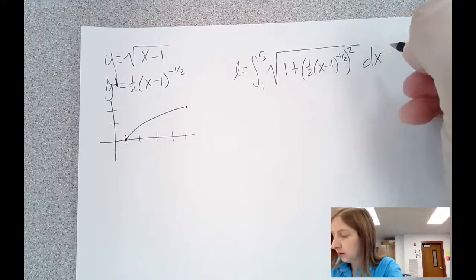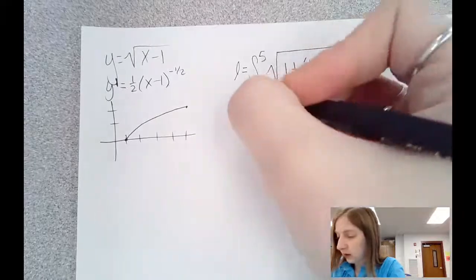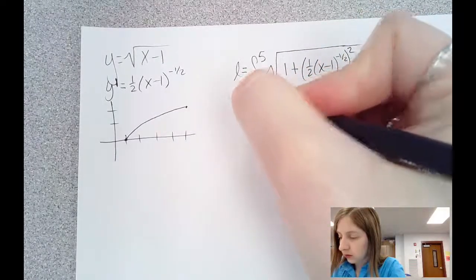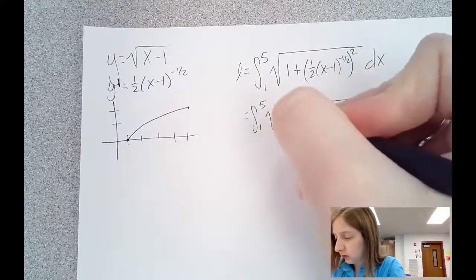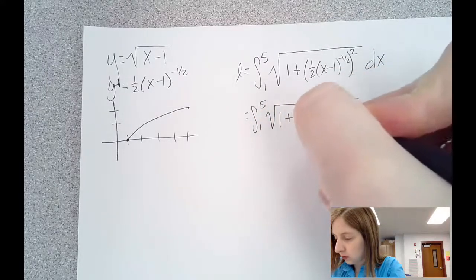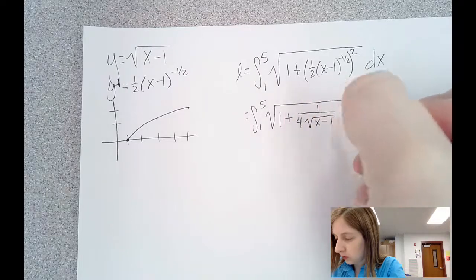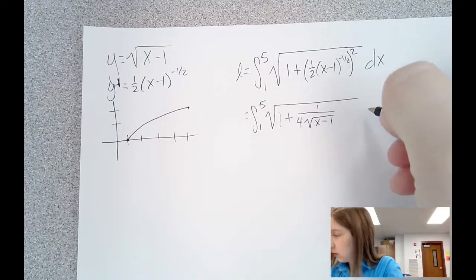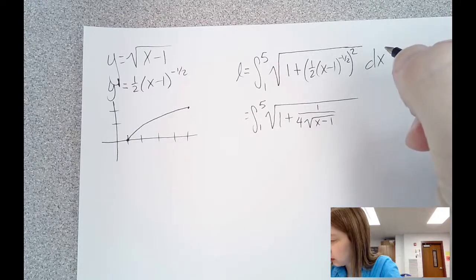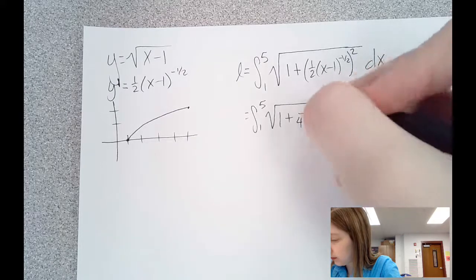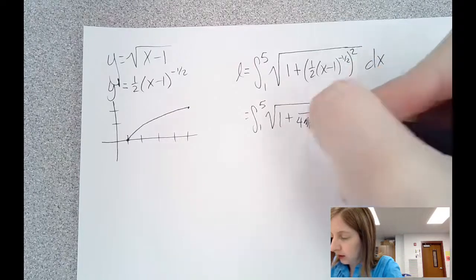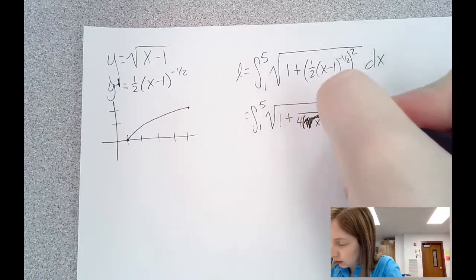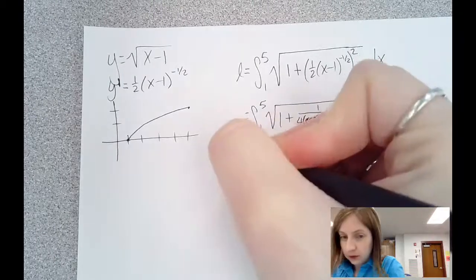There's our dx on the end. We can simplify this quite a bit. The squared and the negative 1/2 just makes it a negative first power. So it's like that on the bottom.